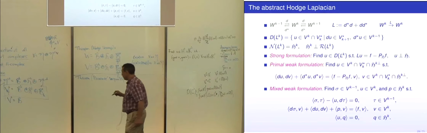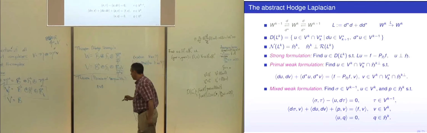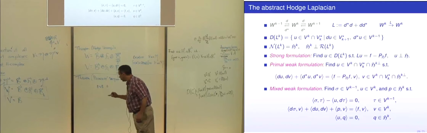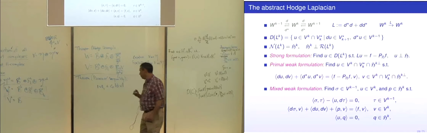And Poincaré's inequality is simply that if you take a V and you measure it, it doesn't matter whether you measure it in the V norm or the W norm, this is less than a constant times dV.